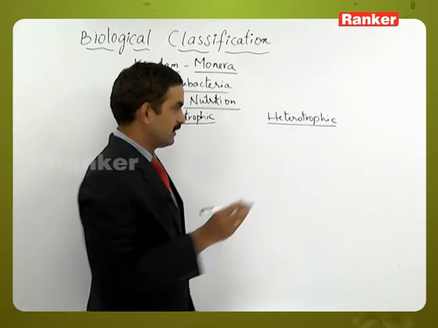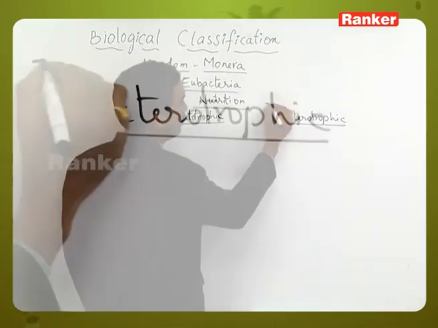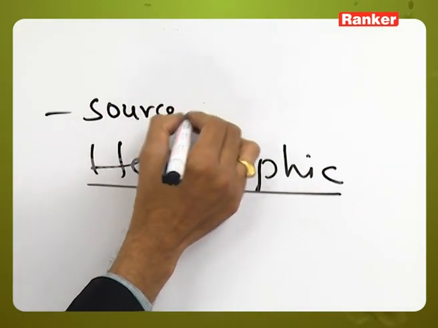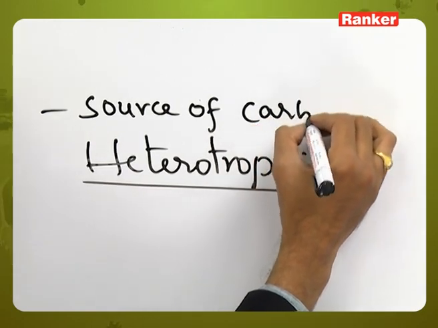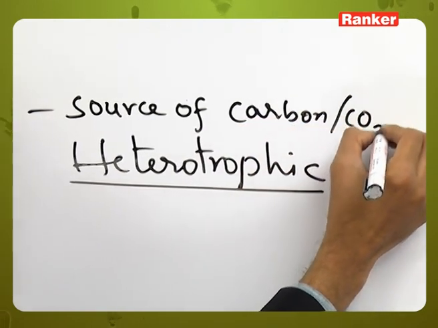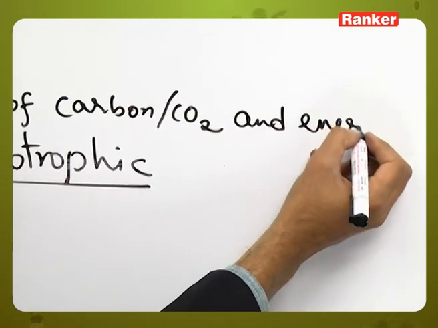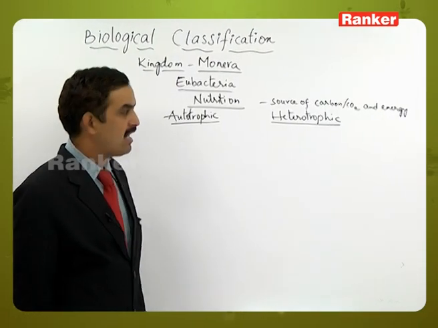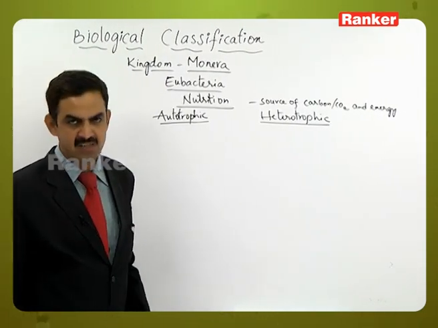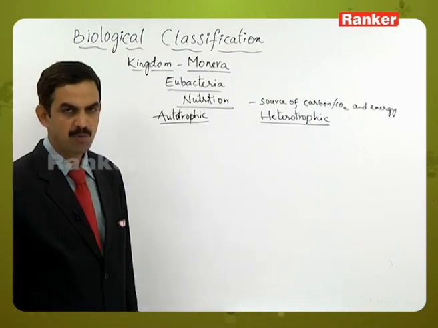Here the nutrition in bacteria is divided into two types based on the source of carbon, that is carbon dioxide, and the source of energy. That means from where they are getting the carbon dioxide and from where they are getting the energy. Based on that they have been divided into autotrophic and heterotrophic types of nutrition.